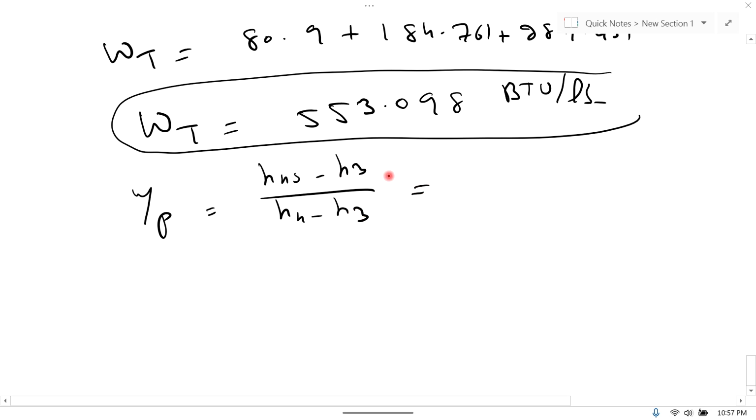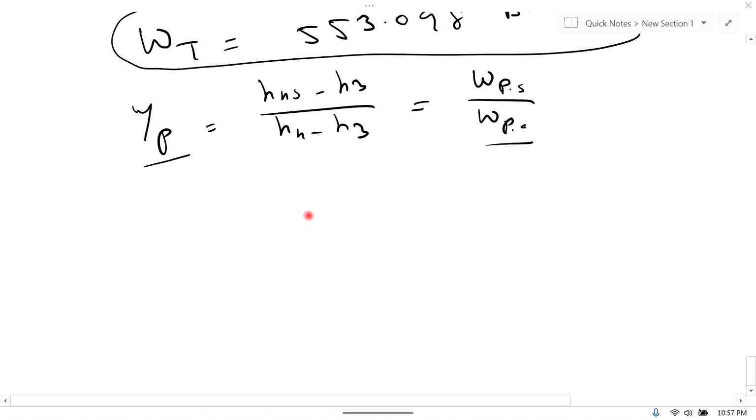H4S minus H3 is basically the ideal work of the pump, WPS, S meaning ideal, and H4 minus H3 is basically the actual work, WPA. Combine these two and rearrange.